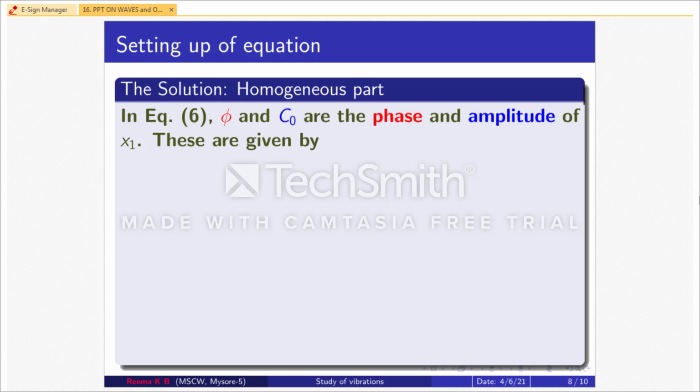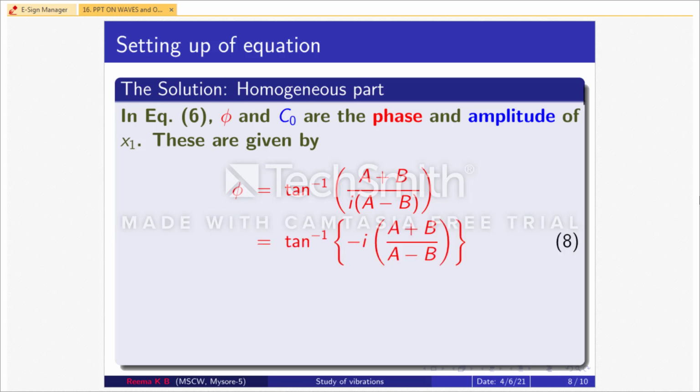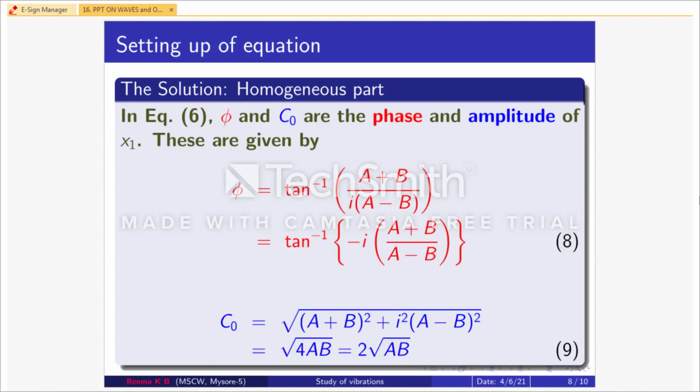These are given by φ = tan⁻¹[(A + B)/(i(A − B))] = tan⁻¹[−i(A + B)/(A − B)]. Let's consider this as equation 8. c0 = square root of [(A + B)² + i²(A − B)²]. Therefore, c0 = square root of 4AB, which reduces to 2 square root of AB. Let's consider this as equation 9.